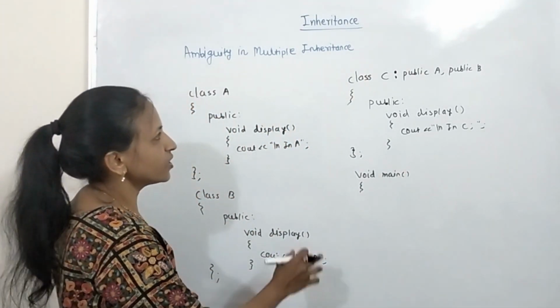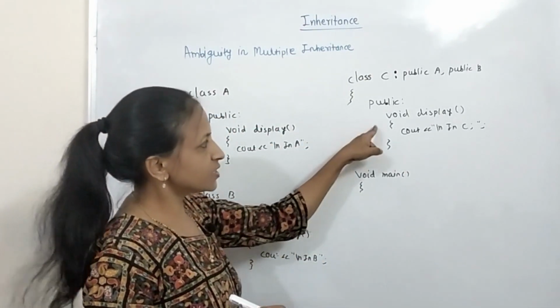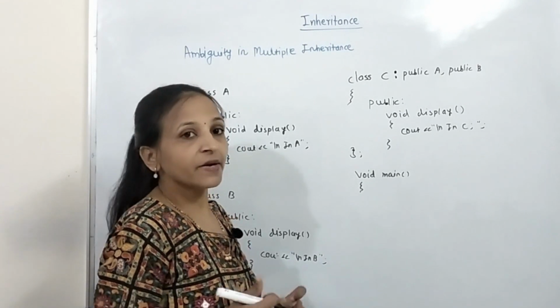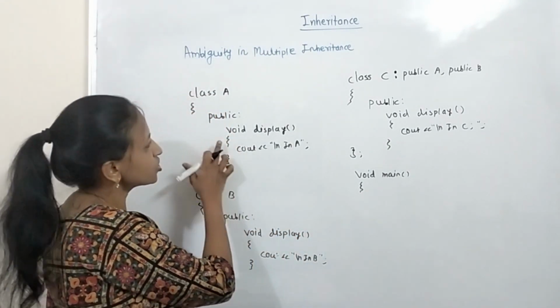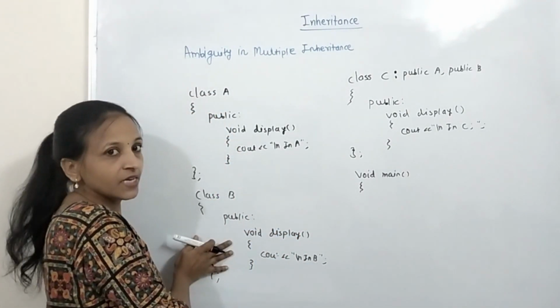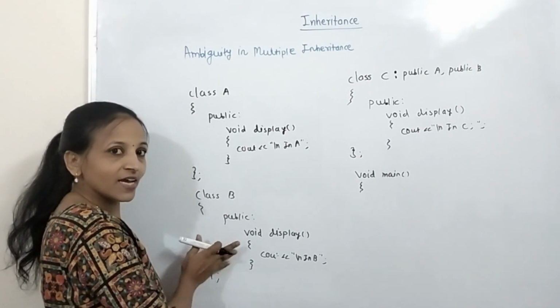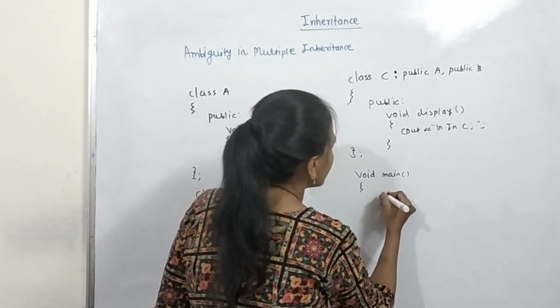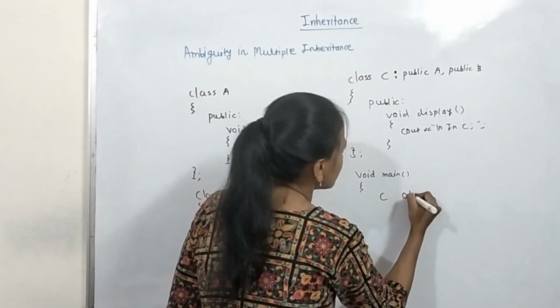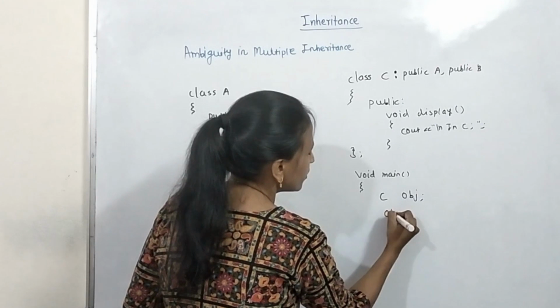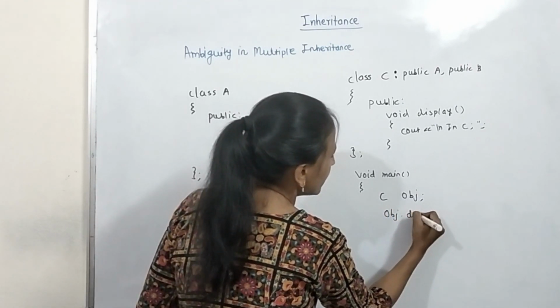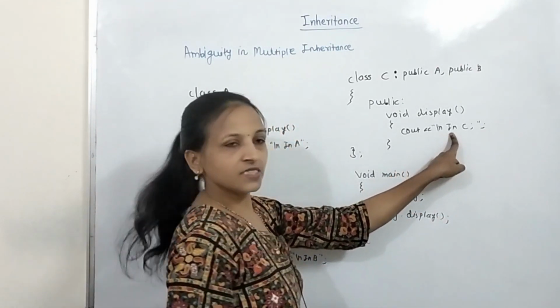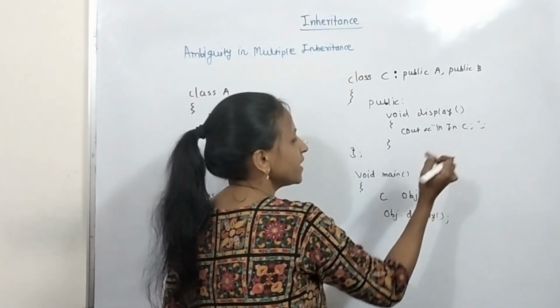Now whenever we create an object of C, automatically this display member function will be called. But if I want to call the display member function of A or B, then we can again use the scope resolution operator. Simple way. Here we are creating an object of class C, simply C obj. If we call obj.display, then it will call this member function. Here it will display "in C".